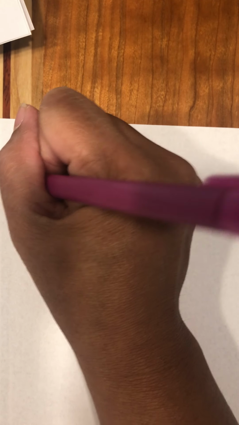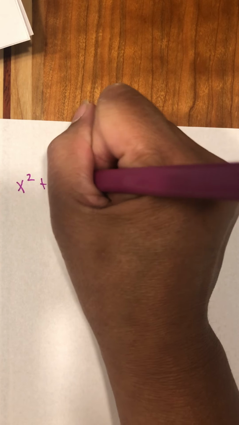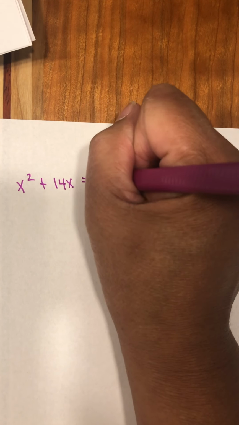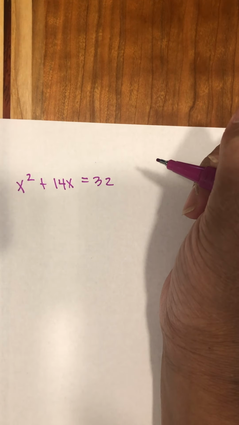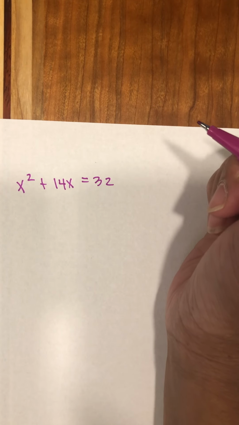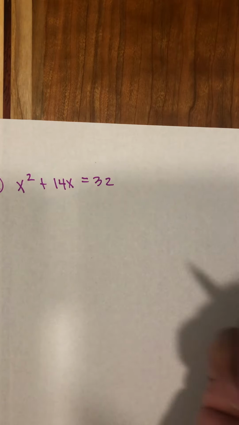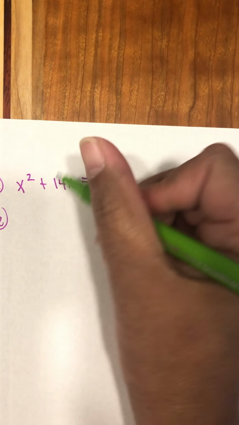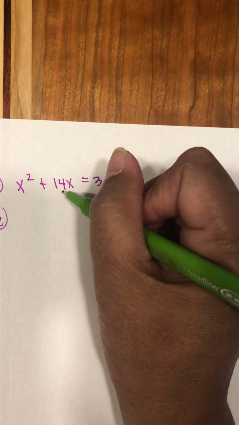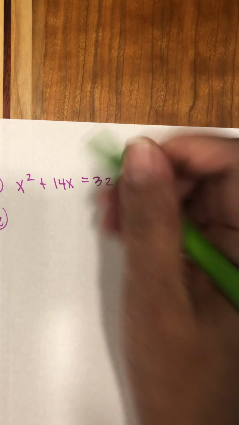Alright, so let's do the next one. x squared plus 14x is equal to 32. They put it already in that form, so step 1 is already done. Now step 2, what is half of 14? It's 7. 7 times 7 is 49.